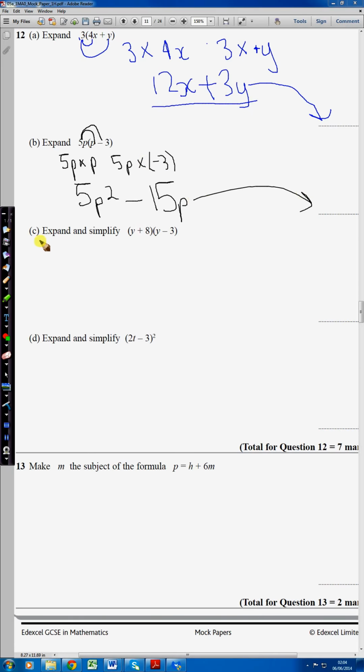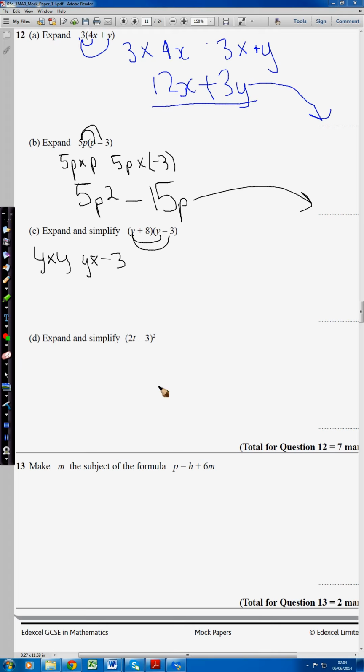So this sign here comes from the calculation itself, and this is the answer that you copy over here in your examination. Expand and simplify, this is a double bracket, so we start from here with this one, then from here to that one, multiply them out. So you have y times y is the first one, and y times minus 3. Okay.